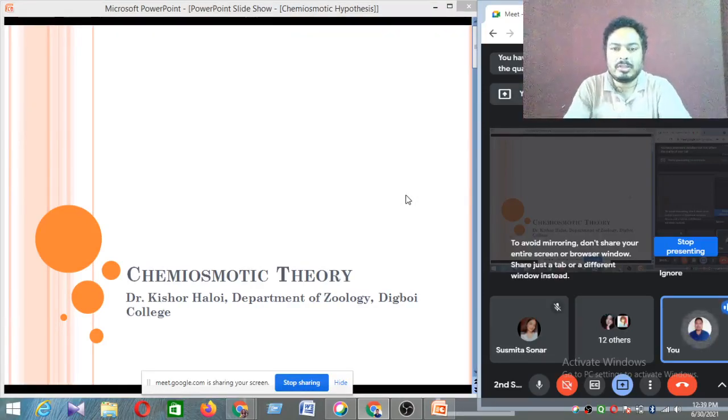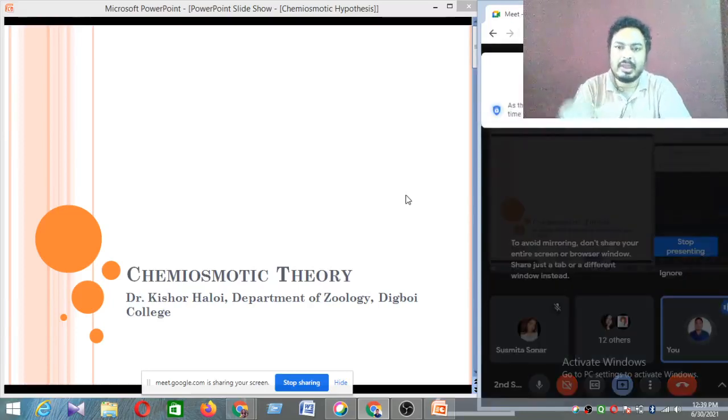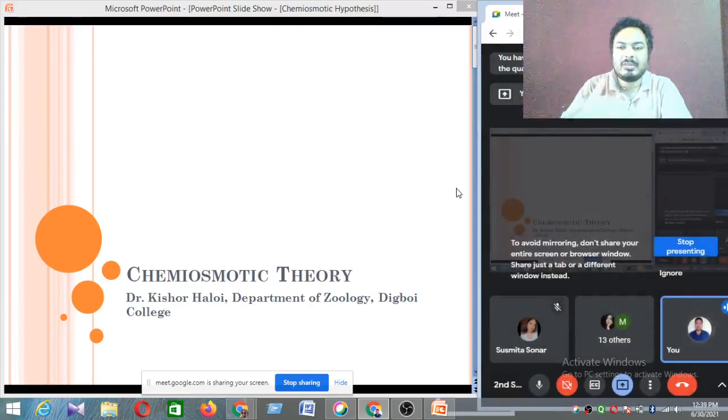This H plus goes to the space between the outer membrane and the inner membrane. So what about the OH negative ion? It remains in the matrix. Hydrogen ions go to the perimembranous space, but the OH negative ion remains in the matrix.